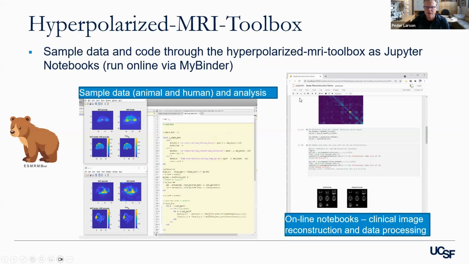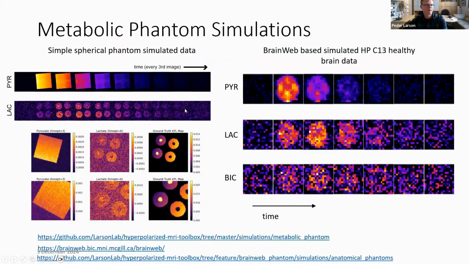I also use Binder, which is well integrated with GitHub, and it will launch Jupyter notebooks and run on the donated compute that this service has. That also creates a very low barrier for people to get started and use this. And some other fun stuff, building in some metabolic phantoms is a nice thing you can have for benchmarking and testing things.